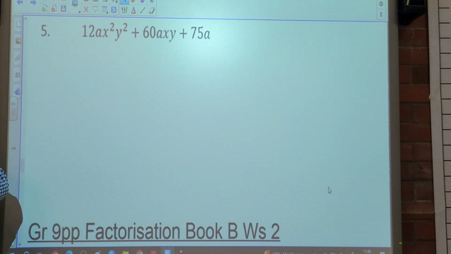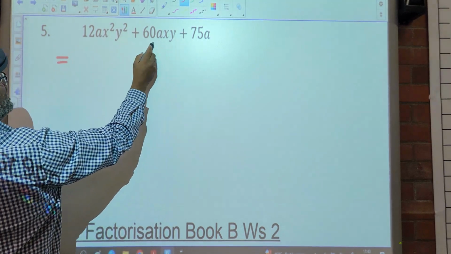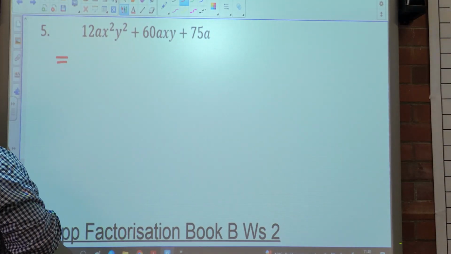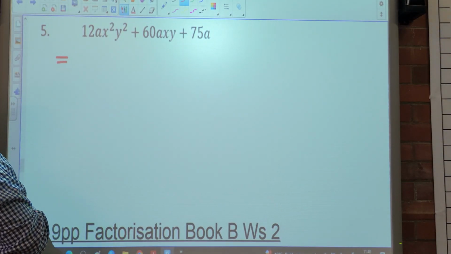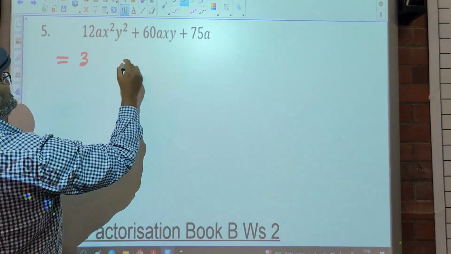People, and then number 5 we have 12ax squared y squared plus 60axy plus 75a. Is there a common factor? What is common throughout? 12? How many times does 12 go into 75? Not 12. It's 3, and it's a, so 3a.